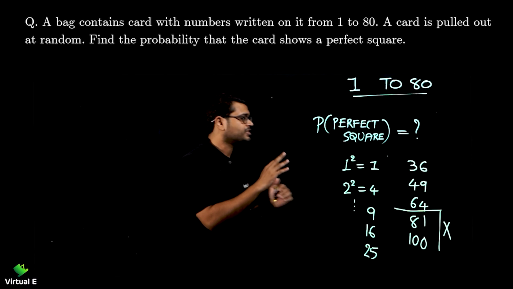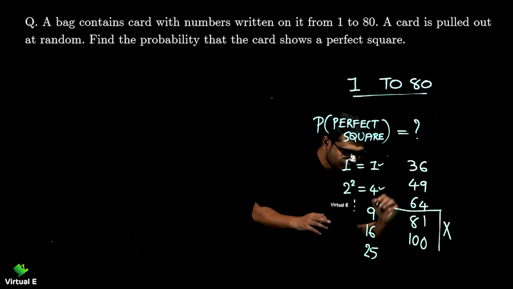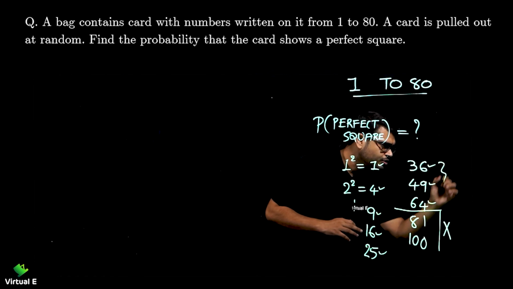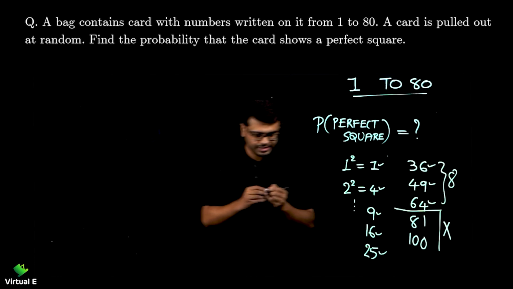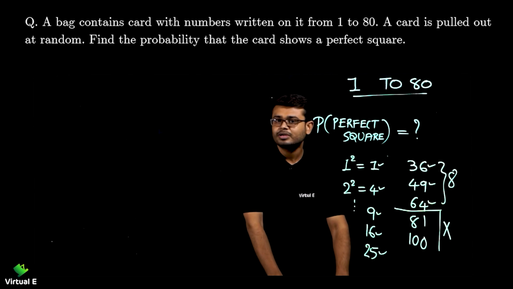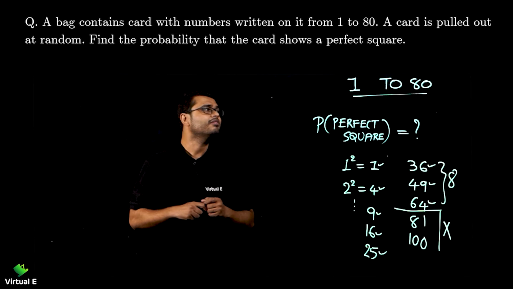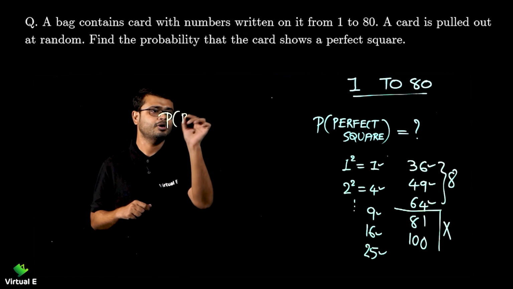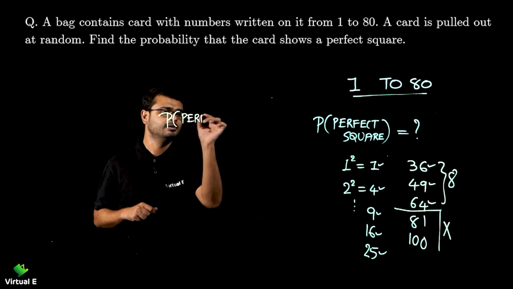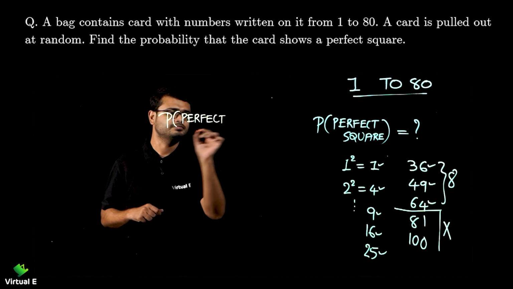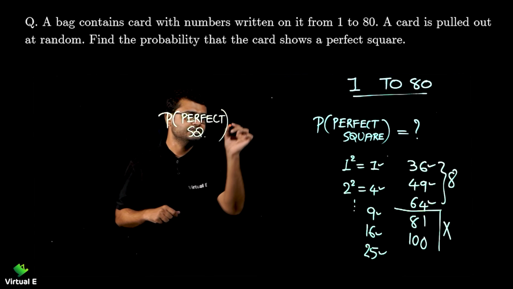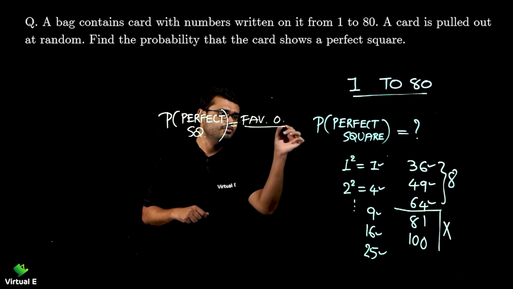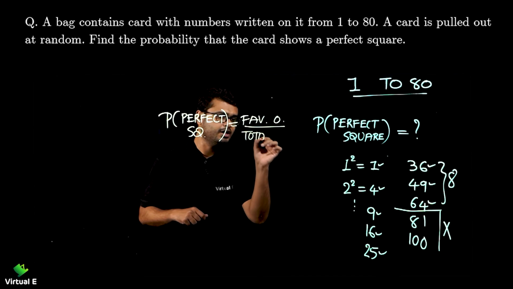So perfect squares, how many outcomes? 1, 2, 3, 4, 5, 6, 7 and 8. So 8 favorable outcomes are there. What is the total number of outcomes? That is 80. So let's find the probability of getting a perfect square. That is favorable outcomes over total number of outcomes.